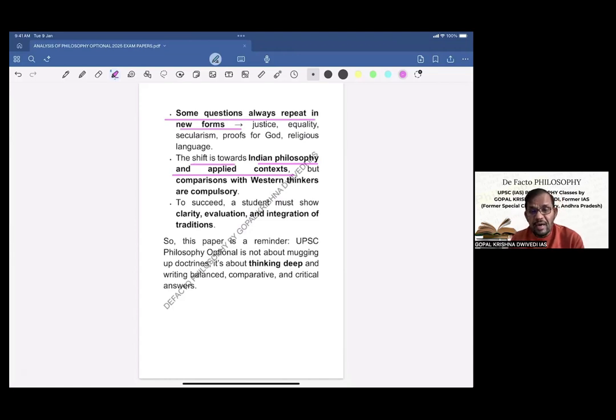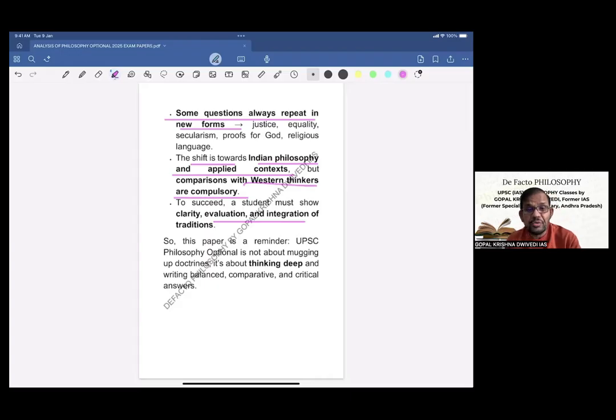Even though Indian philosophy and applied contexts are the focus, comparisons with Western philosophy are still important because you have to evaluate in a comparative manner, after referring to Western thinkers also.